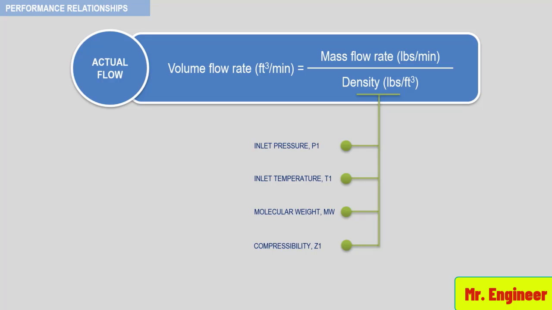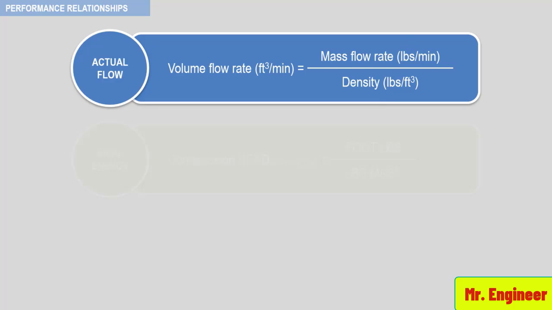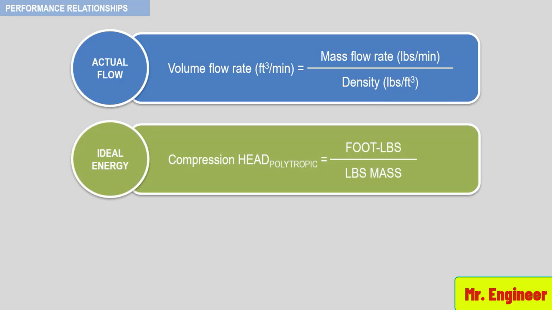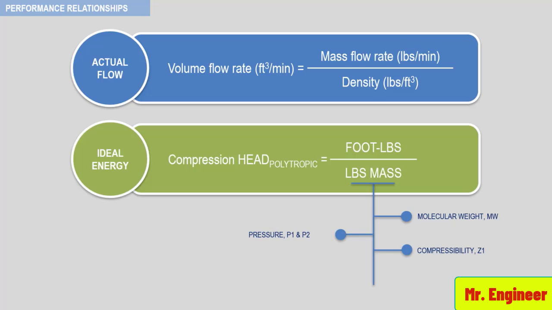Now, to calculate the energy or head produced by the compressor, the vendor will use the following relationship. It is the energy required to compress and deliver 1 pound of gas from the section pressure P1 to the discharge pressure P2. The mass of the gas depends on the molecular weight, the pressures, so P1 and P2, the compressibility, the inlet temperature, and the efficiency of the compressor.